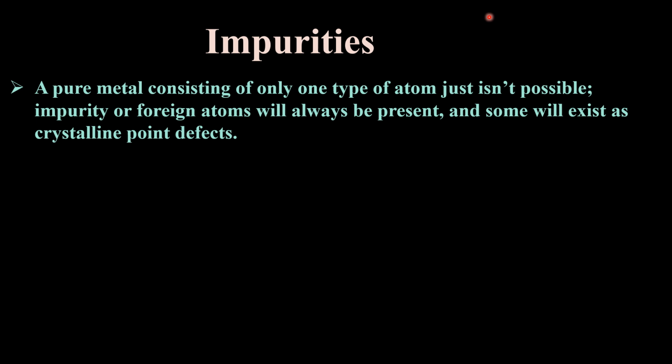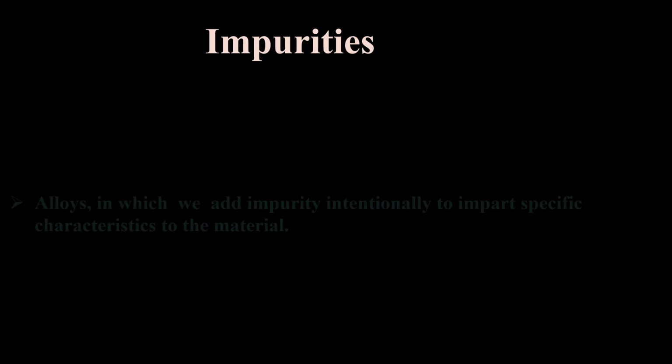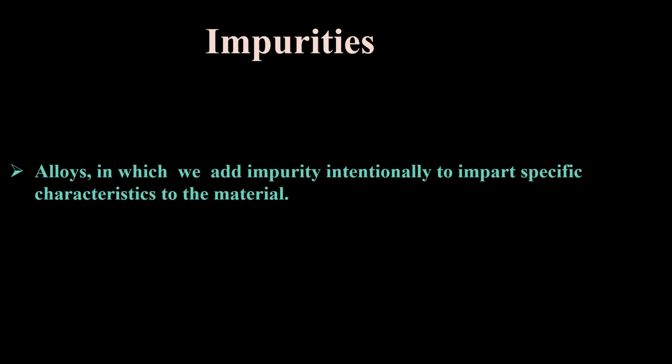So we can say that impurities cannot always be considered a bad thing. Sometimes we intentionally add impurities to the material to induce the desired characteristics. These are alloys, in which we add the impurity intentionally to impart specific characteristics to the metals. So we intentionally make alloys by adding some kind of impurities.